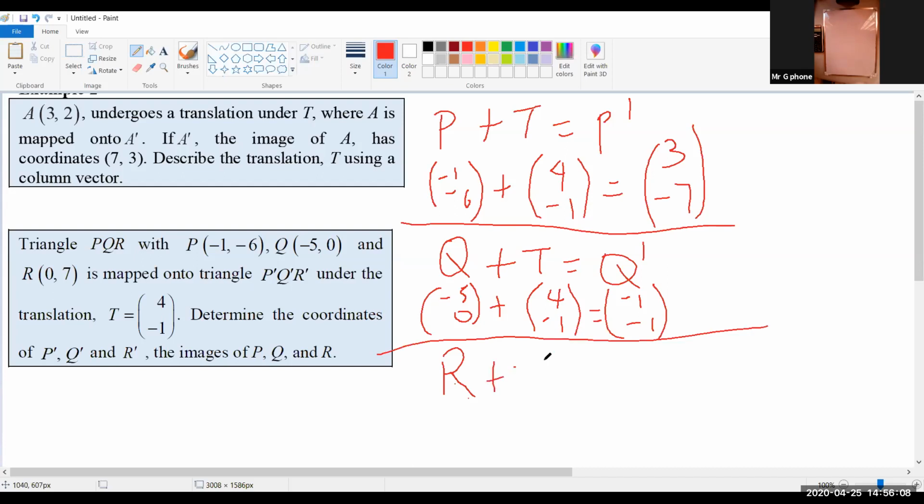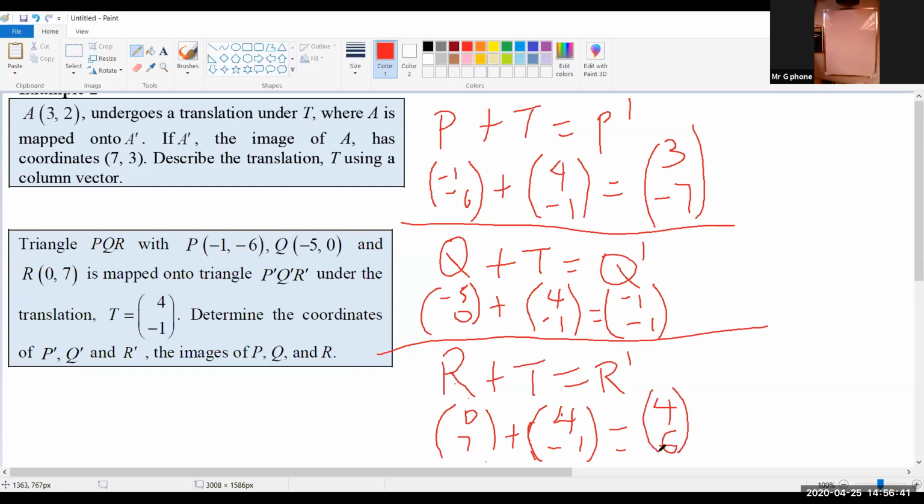And R plus T is equal to R1. So R, which is (0, 7), plus T, which in this question is (4, -1). 0 plus 4 is 4, and 7 take away 1 is 6. You all have any questions there?